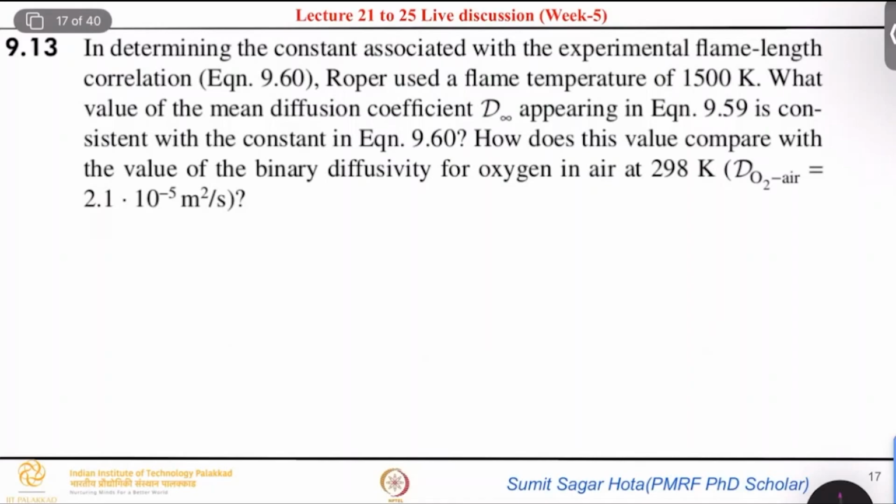What value of the mean diffusion coefficient D infinity appearing in equation 9.59 is consistent with the constant in equation 9.60? How does this value compare with the binary diffusivity for oxygen in air at 298 Kelvin, where D of O2 in air is given as 2.1 into 10 to the power minus 5 meter square per second?